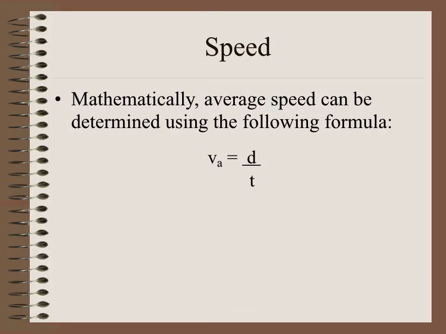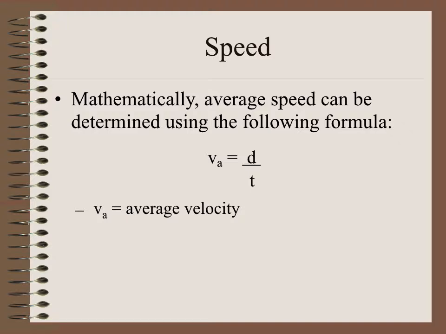Since speed is a rate, our average speed is going to take on the form of a normal rate. Since it's the rate at which your distance is changing, it's going to be distance divided by time. We use a symbol of v with the subscripted a so that we know that we're talking about average velocity and not an instantaneous velocity.